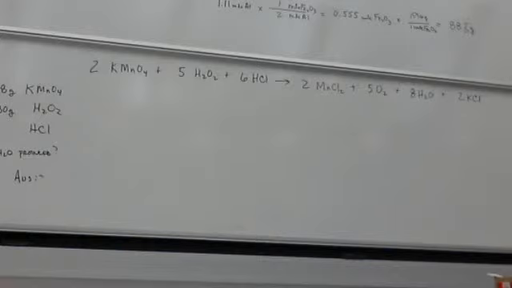This one's actually the lowest amount, so you have to finish this one. Don't stop at that one, you have to finish that part. Remember, these are already balanced for you.